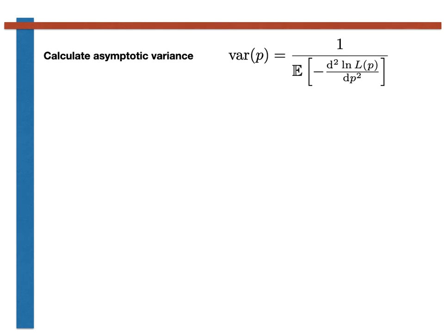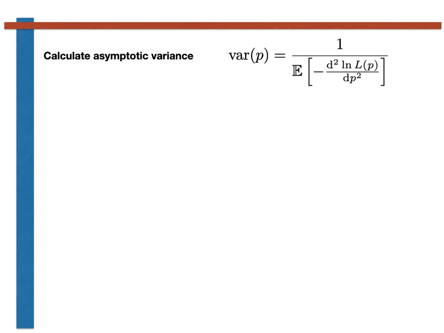The so-called asymptotic variance for the maximum likelihood estimator for the parameter of a random variable is equal to 1 divided by minus the expectation of the second derivative of the log likelihood with respect to the parameter.